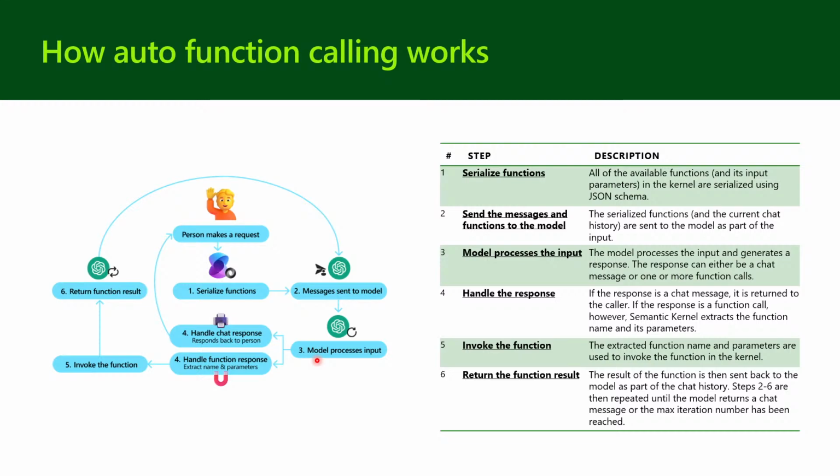Or maybe it decides that the current available function list is not enough to answer the user's request, and it can return and say, sorry, I apologize, I cannot answer your question with the current functions. So there are 3 different outputs from step 3.